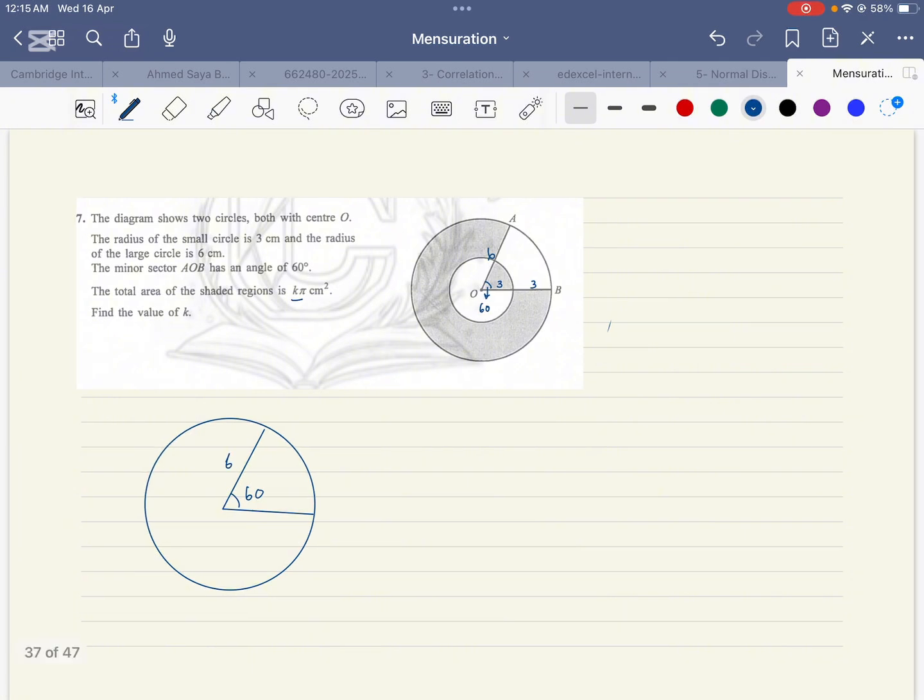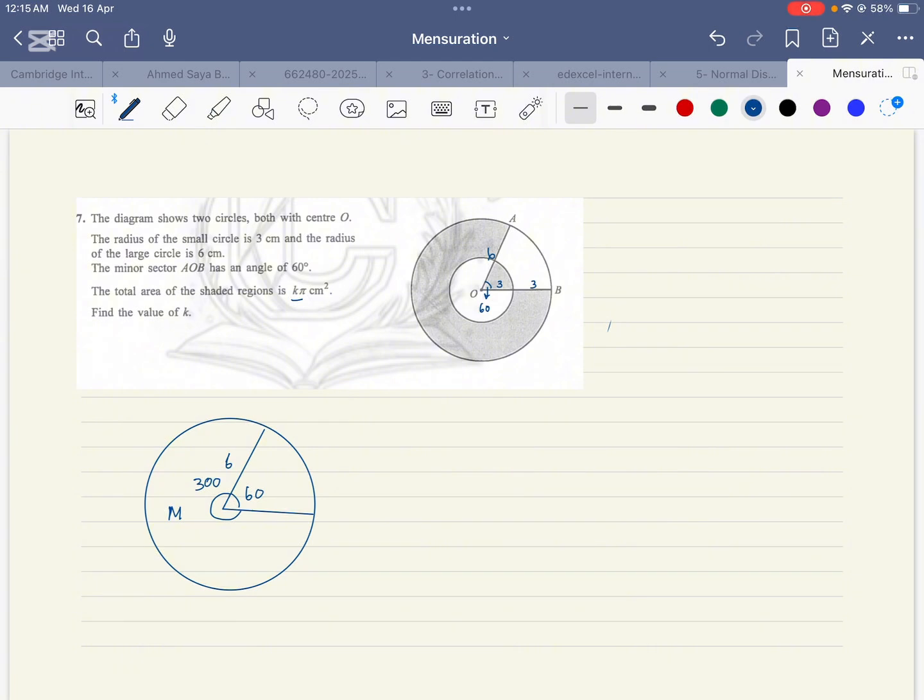So we are looking for the area of the major sector. There are two ways of doing it. Either you find out the area with the angle 300 in it, that's going to give you the entire sector, or you find out the area of the minor sector and then subtract from the area of the entire circle and you get the answer.